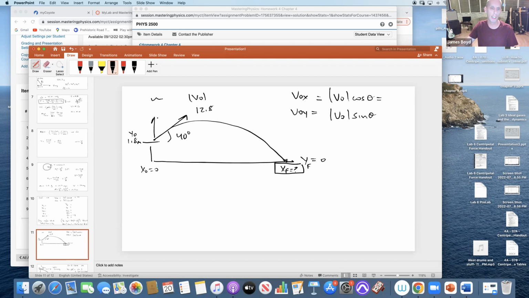So this is our V naught of Y, and this would be our V naught of X. That's 12.8 cosine of 40 and 12.8 sine of 40. That's usually the first step you want to do if you have an angle and V naught to worry about.